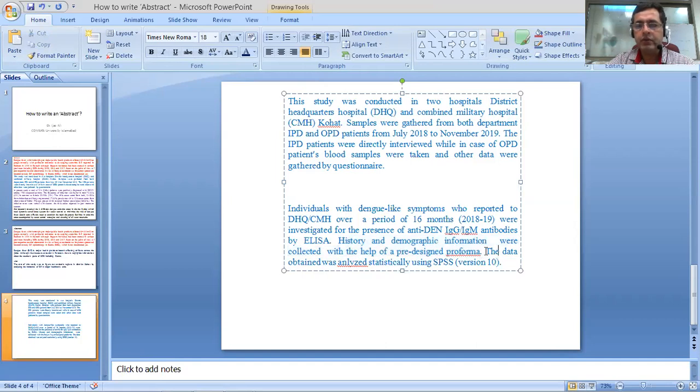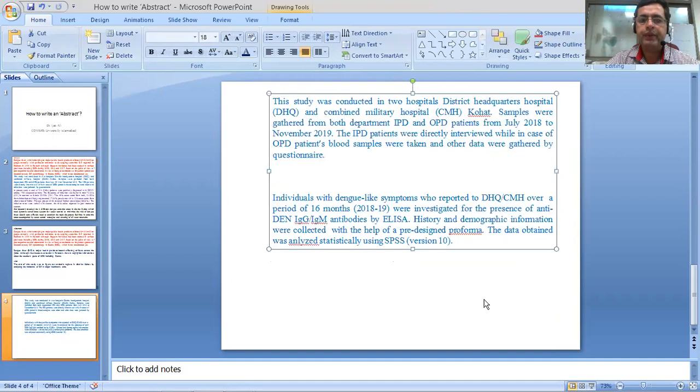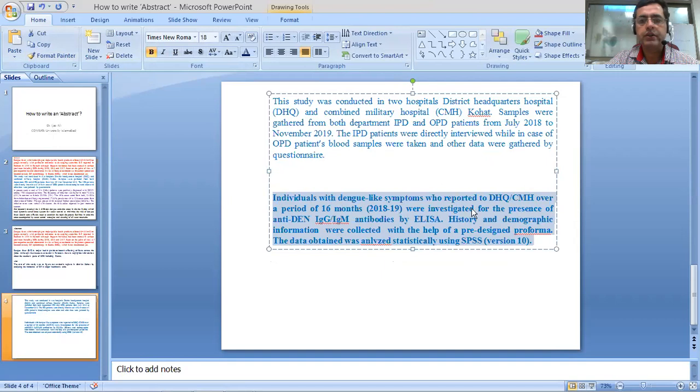And you can also add how you analyzed this data. For that, of course, you would be using some kind of statistical tool that would tell you about the significance of your work. So this is about the methods in your abstract.